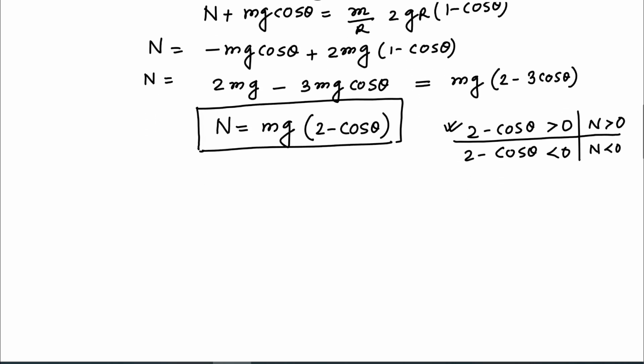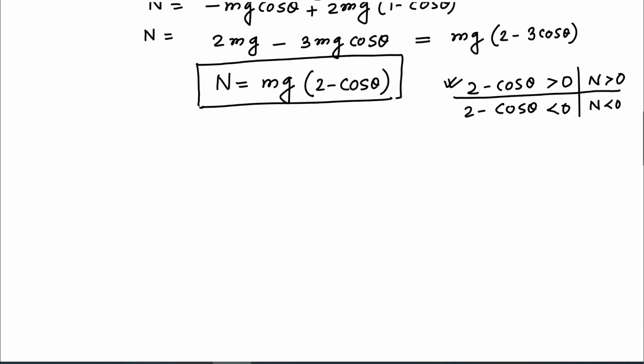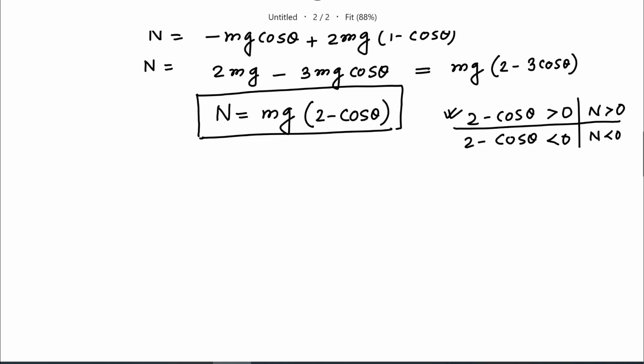This means the bead is applying a force to lift the hoop. So let us try to figure out the total vertical force acting on the hoop. The vertical force will be N cos theta.